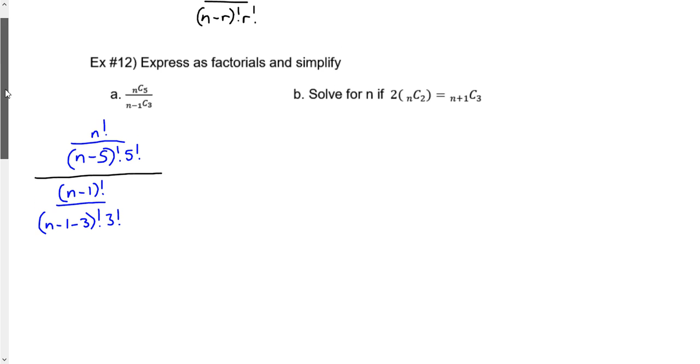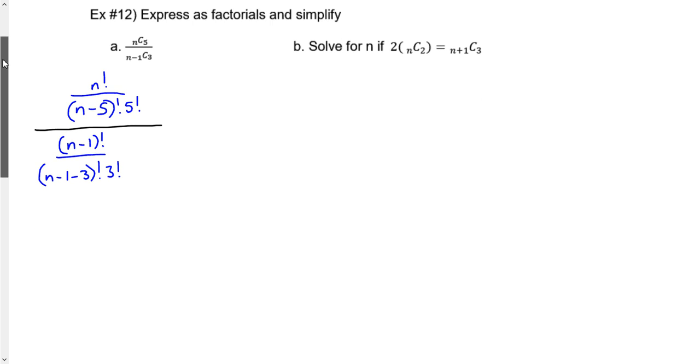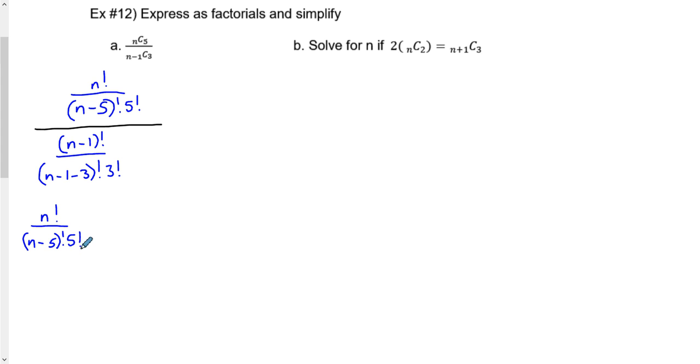All right, so good news is we have a fraction within fractions. The other good news is you've had lots of practice with me with fractions, so how do you divide fractions? You multiply by the reciprocal. So the first fraction, the numerator, is going to stay the exact same: n factorial over n subtract 5 factorial times 5 factorial.